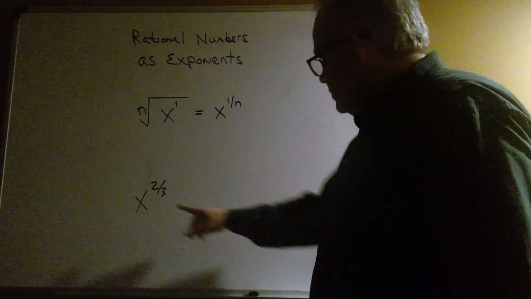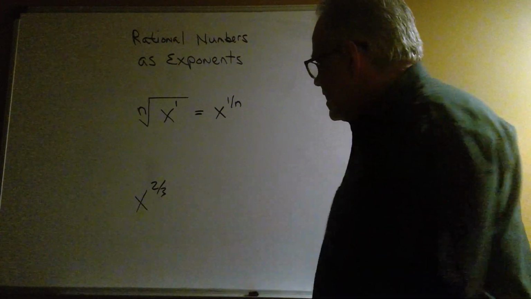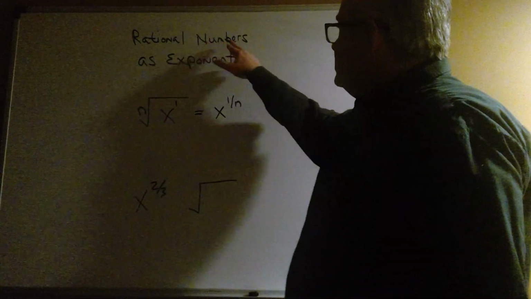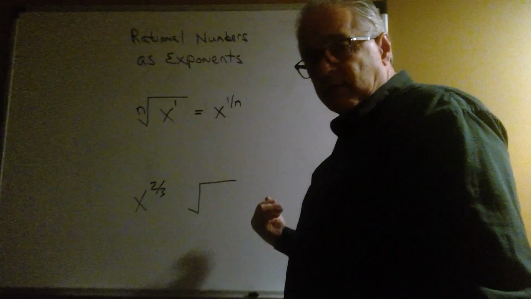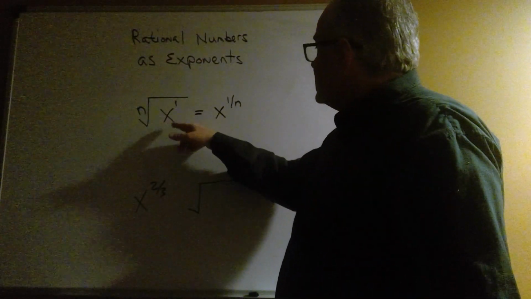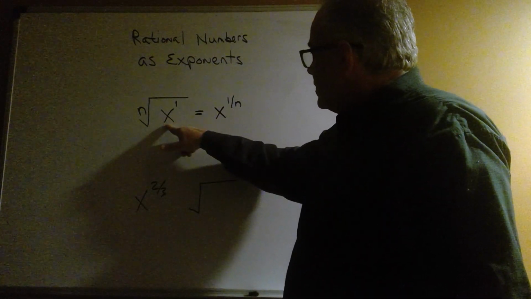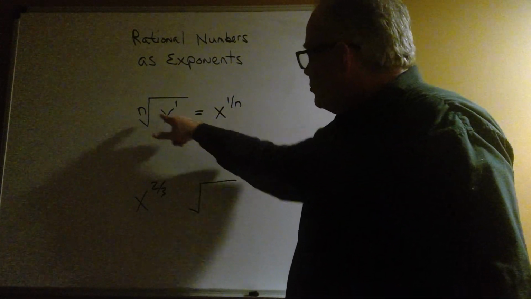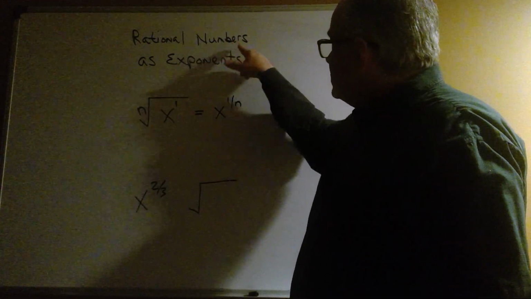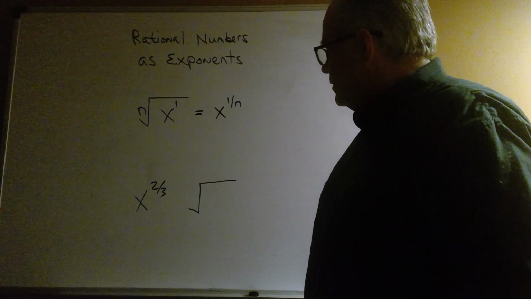This is my examples here. What is this saying? This is saying, if I wrote this with the radical sign, rational numbers as exponents. So I'm going backwards with this one, actually. Here I went forward. This is a rational number as exponents. So this is where it comes from, the nth root of x to the first, and I can write it with a rational number as the exponent this way. So it's 1 over n.